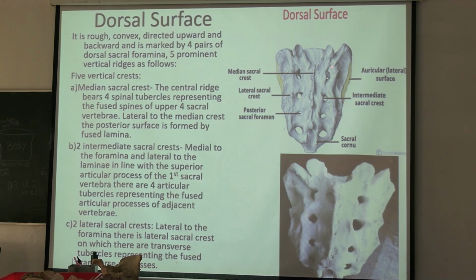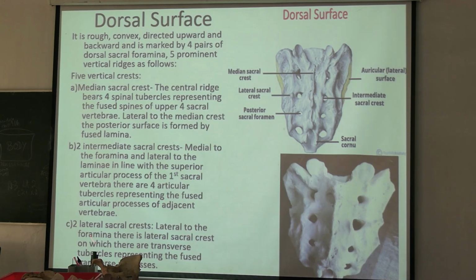Here is the intermediate sacral crest, medial to the foramina, lateral to the lamina, in line with the superior articular process of the first sacral vertebra. See, this is superior articular process, and this intermediate crest is lying in line with this articular process. And there are four articular tubercles representing the fused articular processes of adjacent vertebra.